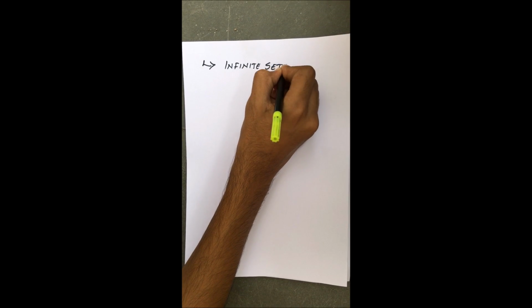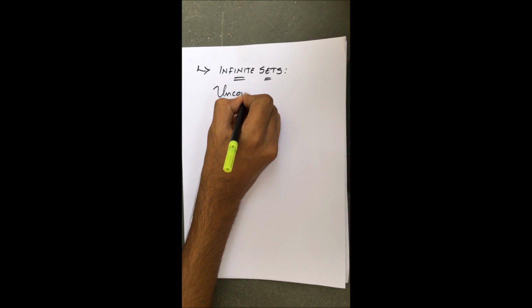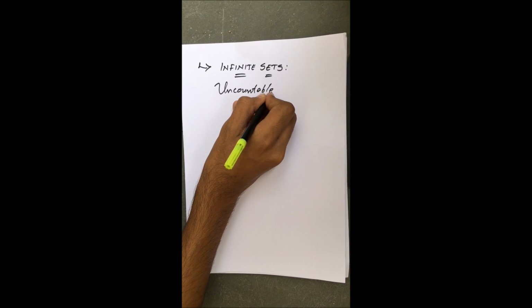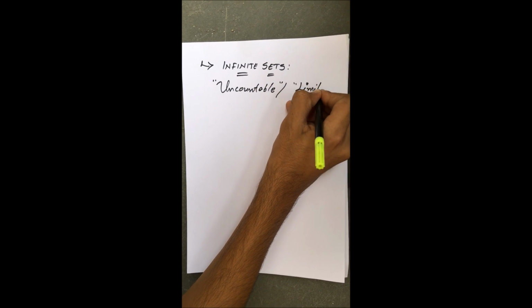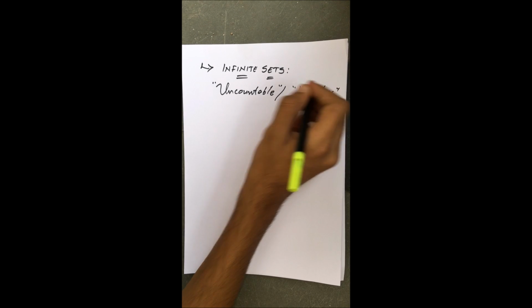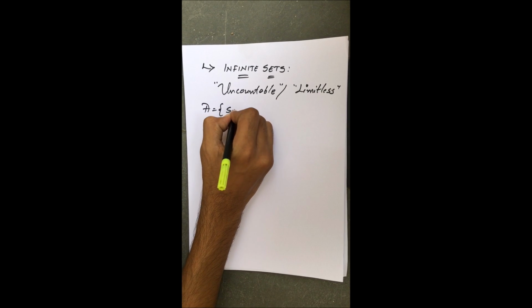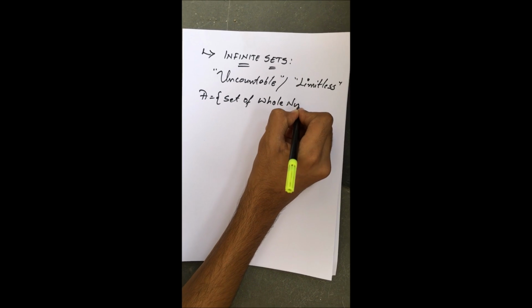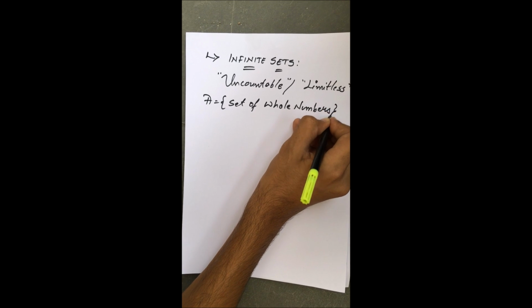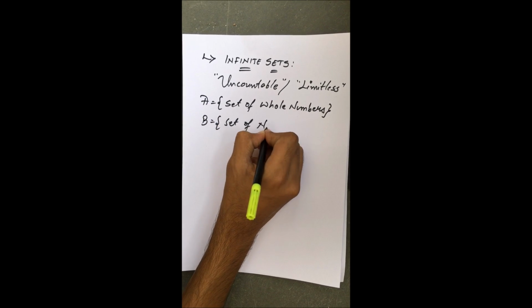The name itself suggests that the elements in this set will be uncountable or limitless. The most simple example for this is the set of whole numbers or the set of natural numbers.